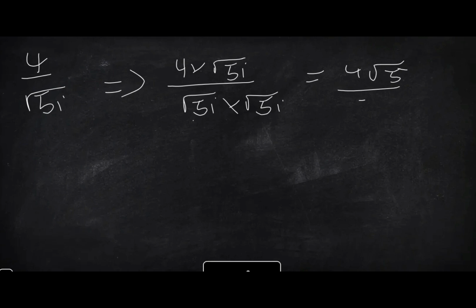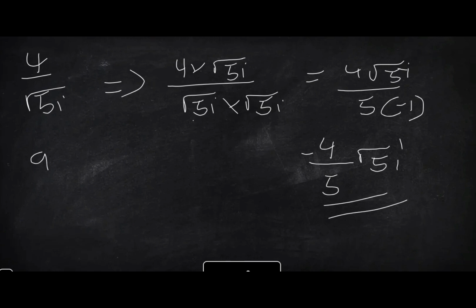And then we have 5 into bracket negative 1, which gives negative 4 on 5 root 5i.